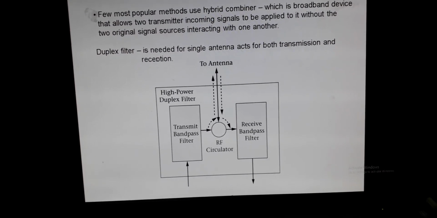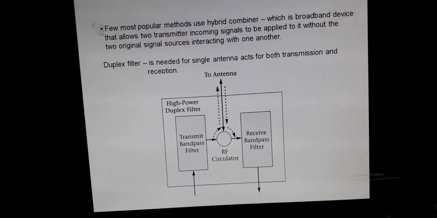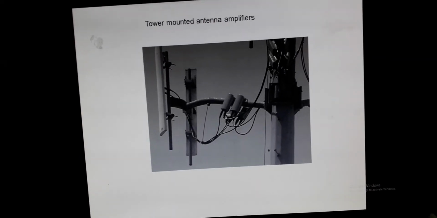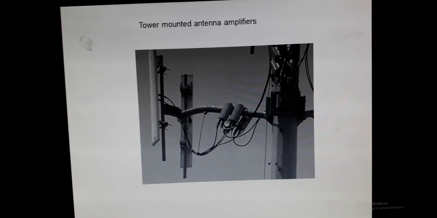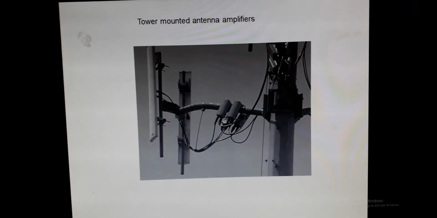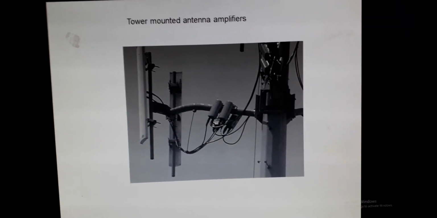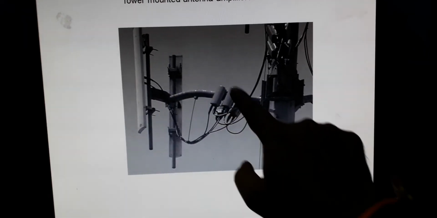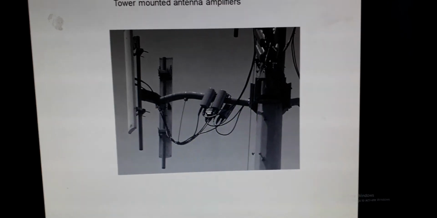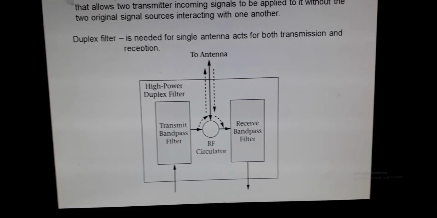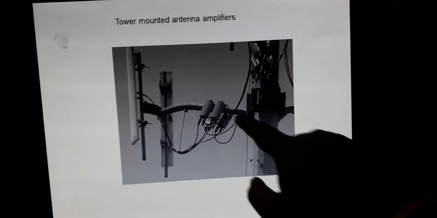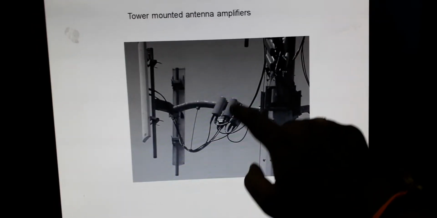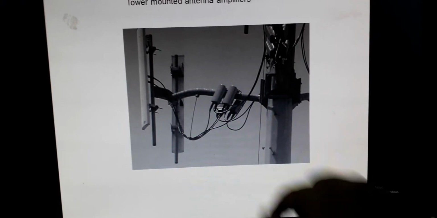Duplexer means it has both transmitter and receiver. This picture is taken from one of the radio base stations. If you observe the radio base station keenly, here is the duplexer technology, and this RF duplex filter technology is used here. Transmitter, receiver, and combiner. This is the circulator.